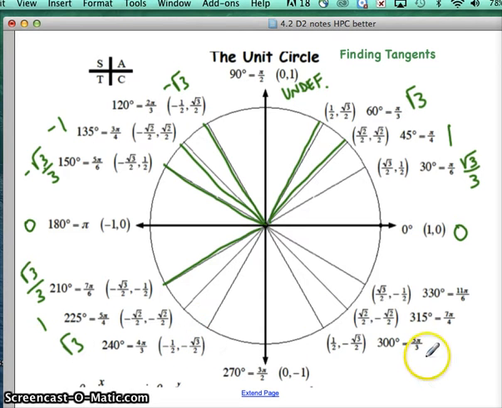And then it's all symmetry over here. So this would be a negative radical 3, a negative 1, and a negative radical 3 over 3. Oh, and then this one is also undefined because negative 1 divided by 0 is undefined. Okay, so there's all your tangent values. You can add all of those to your unit circle sheet now.